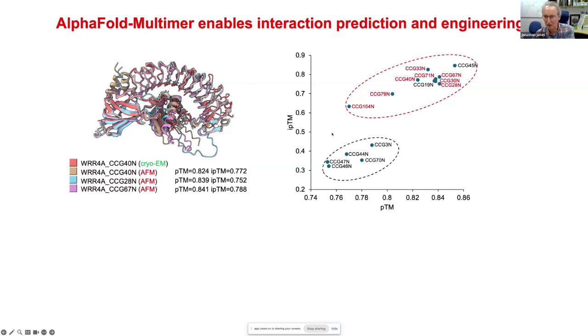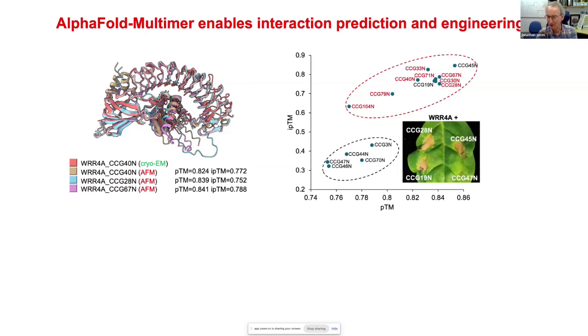So then you can computationally look at all of the CCGs, and you can see why some of them don't interact. At least they were predicted not to interact, and these were negative in that initial screen where we screened about 100. But there are a couple, CCG19 and 45, that actually looked like they ought to interact. So we had another look at them, and guess what? They do interact. So we're now up to 10 different CCGs recognized by this single immune receptor.